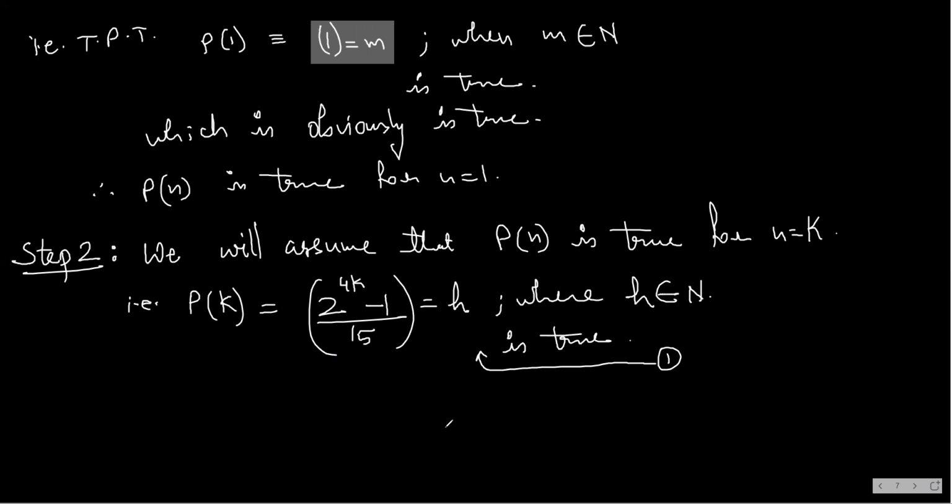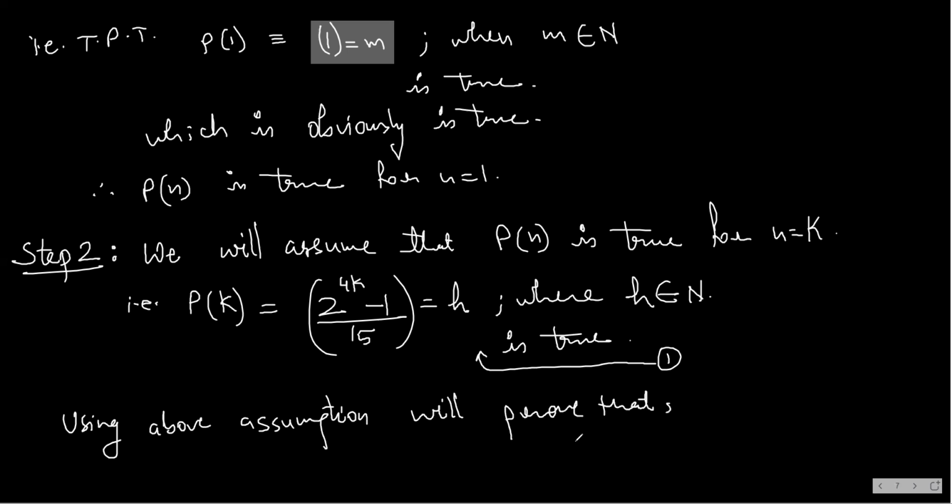Now, using the above assumption, we will prove that P of n is true for n equals k plus 1.